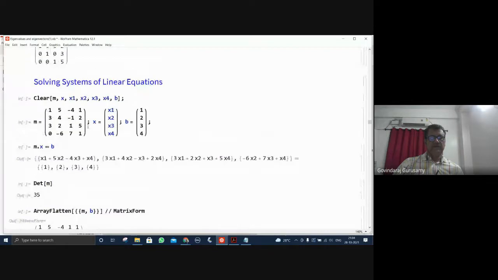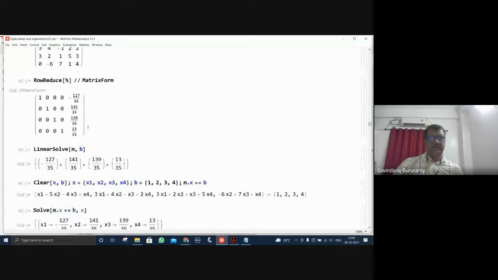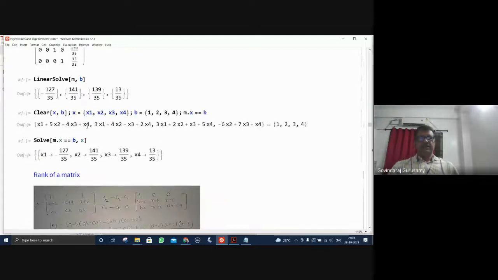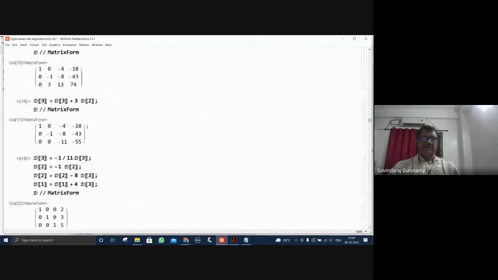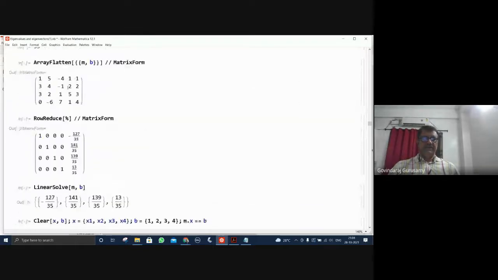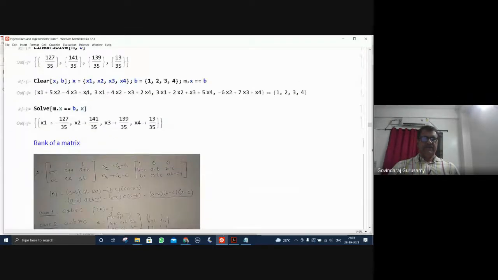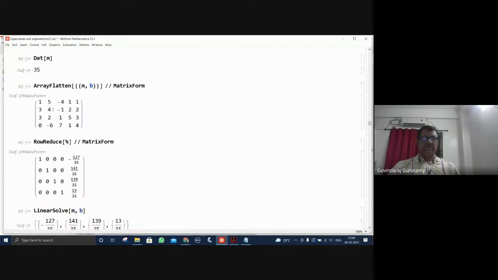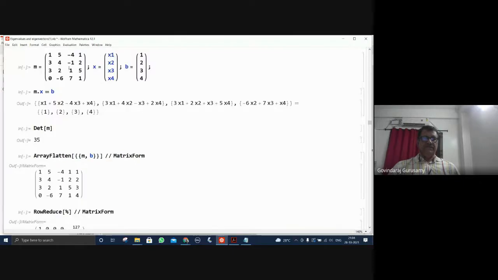I don't think you have any difficulty in doing this exercise. It is very simple to do. And the mathematical operations that we have learned have been used here, and we could get these results. Either you can use solve or linear solve, with the matrix operations.